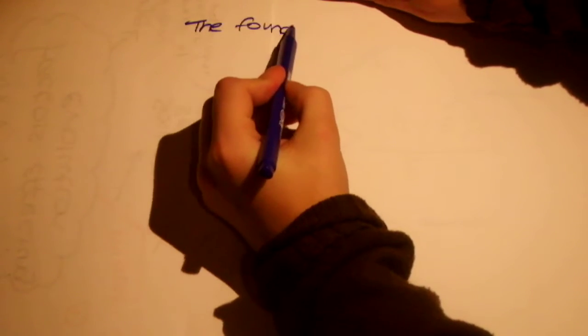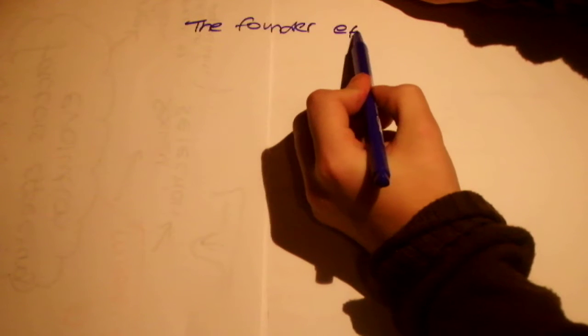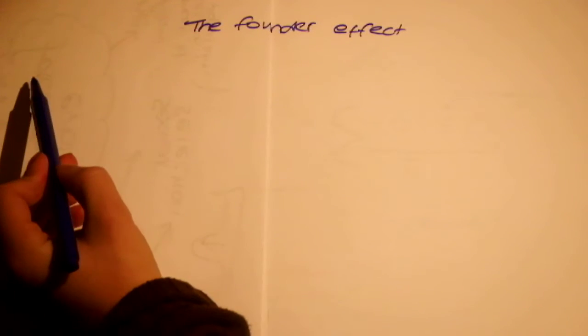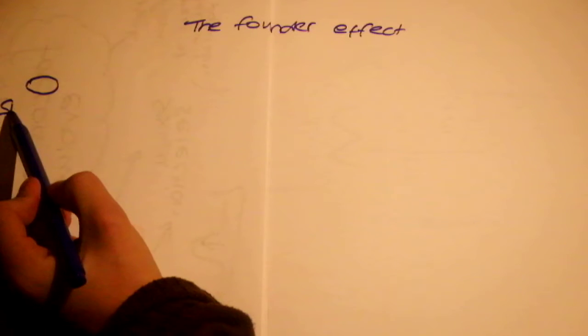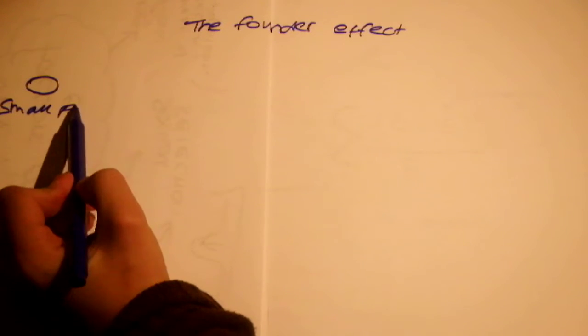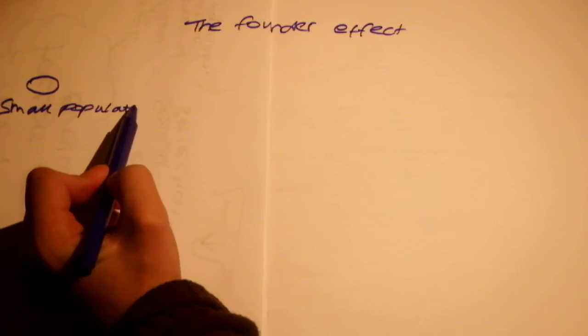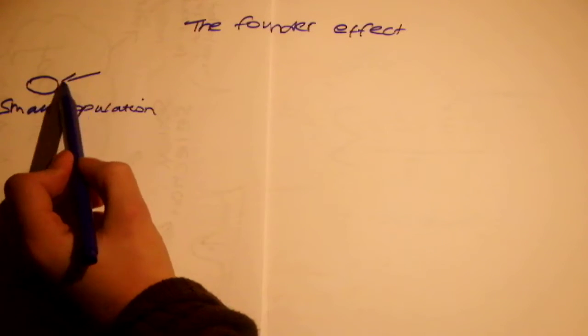So this is changes within a small population, including the founder effect. But first, small populations clearly have a smaller gene pool. So small populations always have a smaller gene pool.